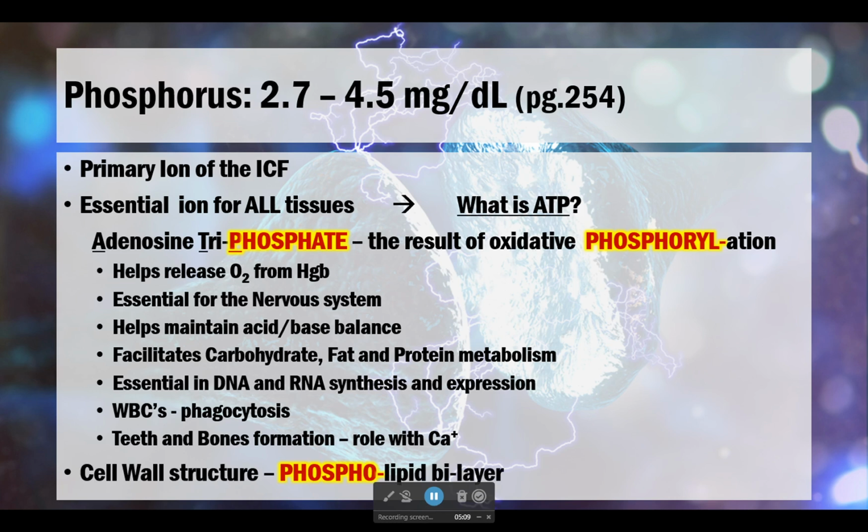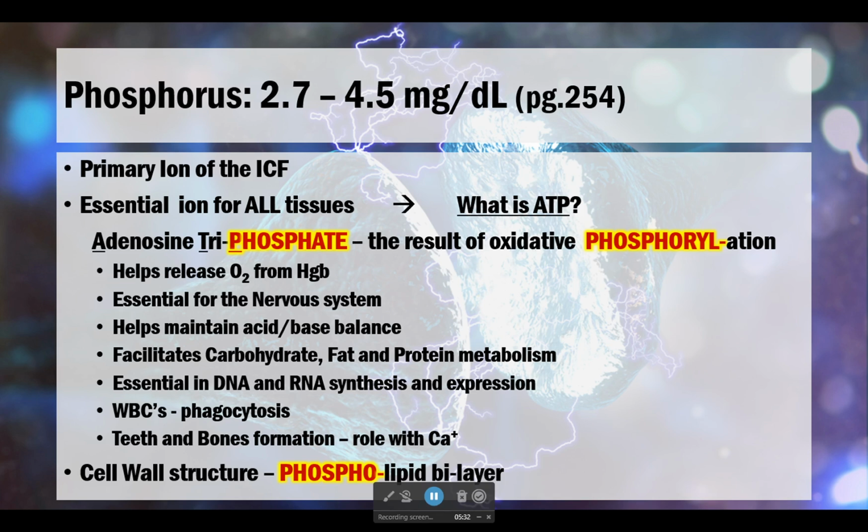Remember, in one of the first lectures we had, I talked about the phospholipid bilayer. It is also an essential component in the very composition of the cells of the body. There is the phosphorus component and the lipid component.